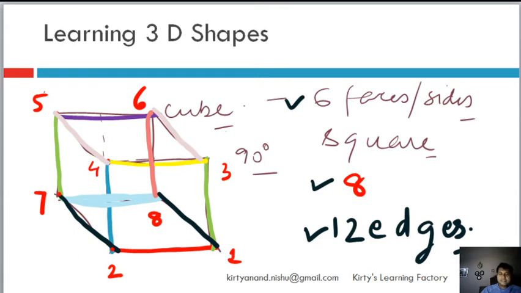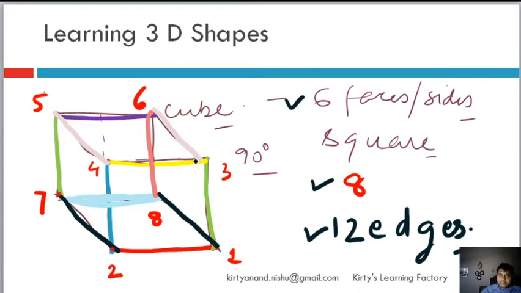Now let's say the same thing for a cuboid. What is a cuboid? A cuboid is basically a 3D projection of a rectangle. So all the things will be the same. Even the cuboid will have 6 faces, 8 vertices and 12 edges. But all the sides or edges will not be of equal length.